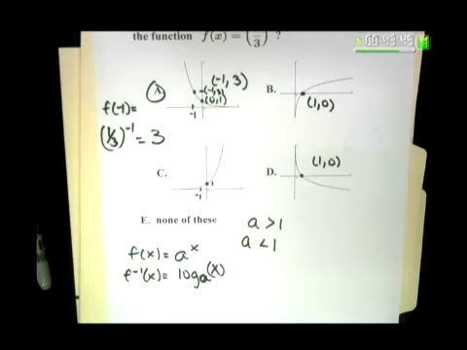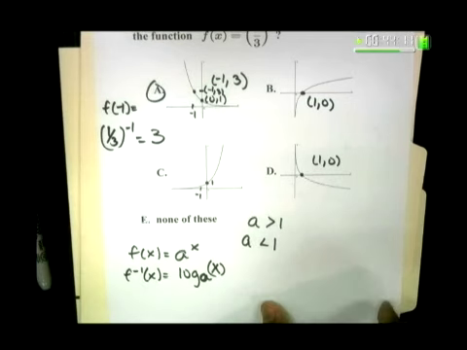Because the log function is the inverse of it, the corresponding point is (1, 0). So for the exponential it's (0, 1) and for the log it's (1, 0). I think that's right.